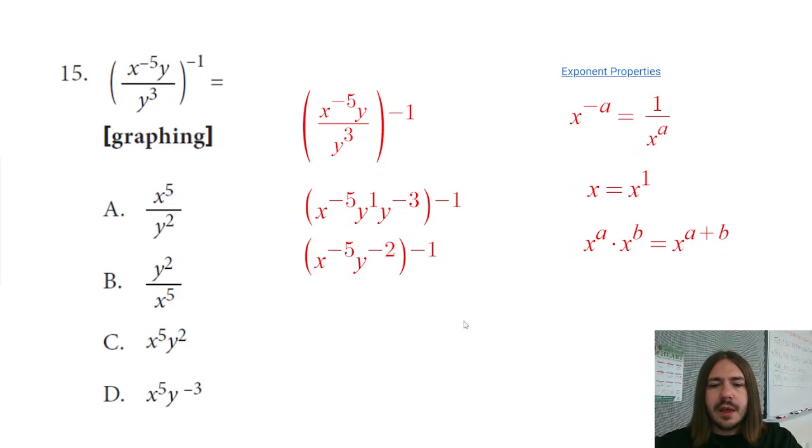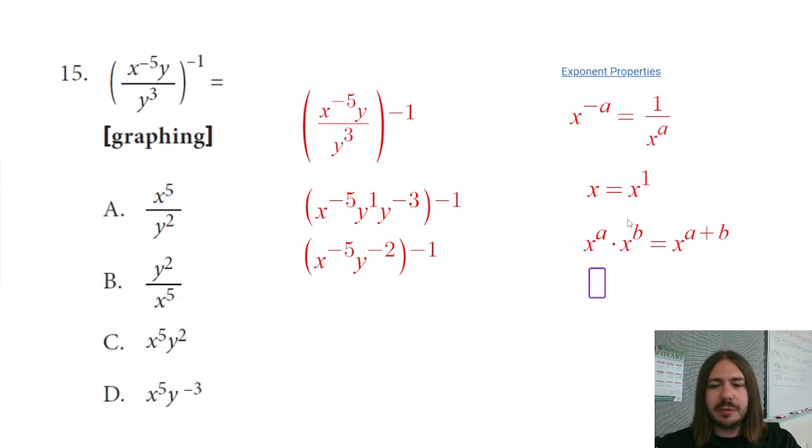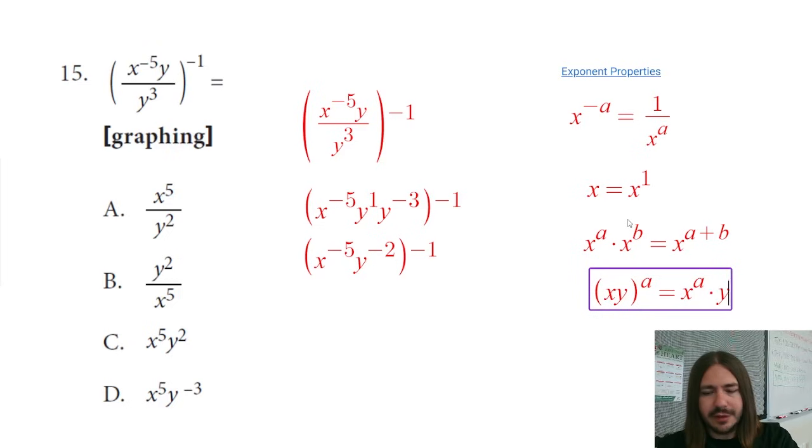Okay. Now we've got another property. This problem really requires that you know quite a bit about exponents. I'm raising this whole expression to the negative first power. I know we talked about negative exponents, but I don't really want to deal with that negative exponent yet, because first, if I've got any product, like say x times y, and I raise that to a power, that's equivalent to raising each individual factor by that power and then multiplying those separately.